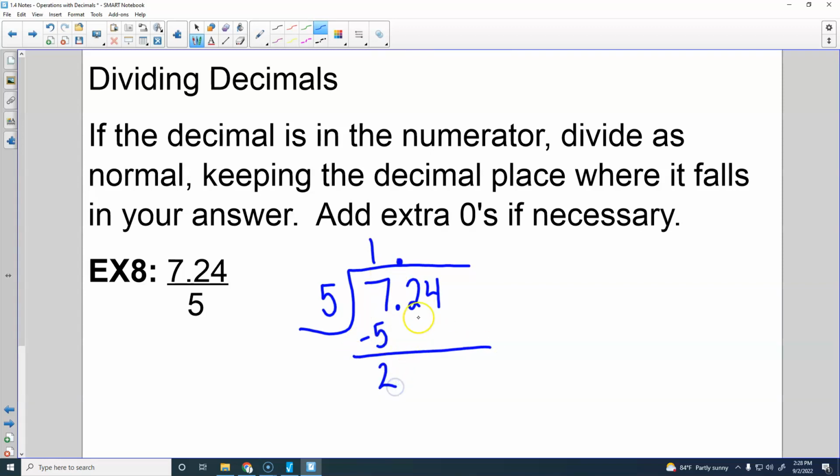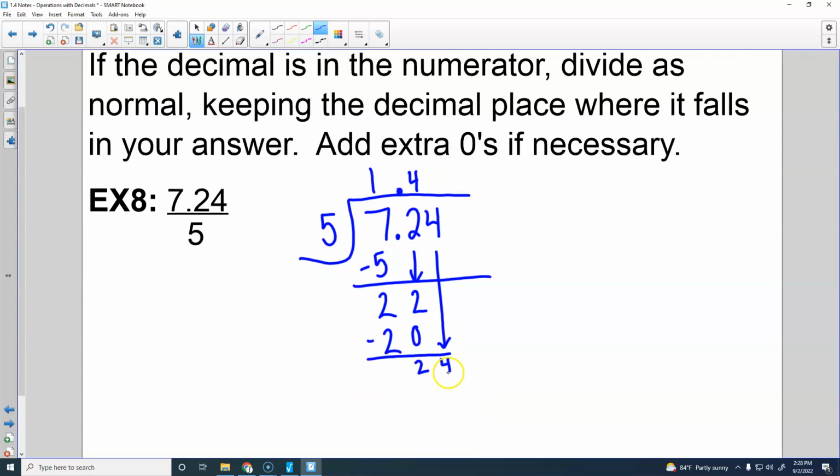We get 2. Bring down. We've got 22. How many times does 5 go into 22? 4. 4 times 5 is 20. Subtract, we'll get 2. Bring down.